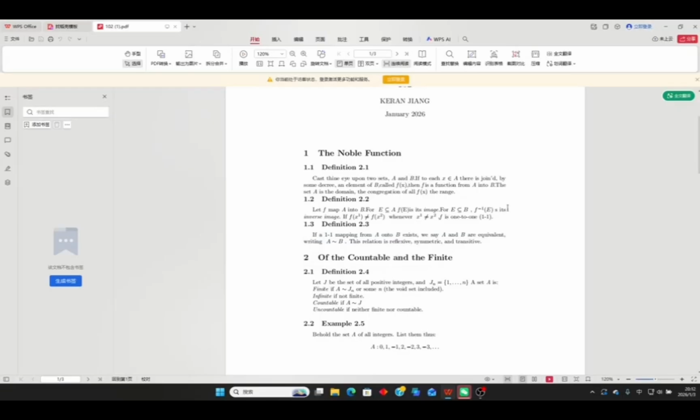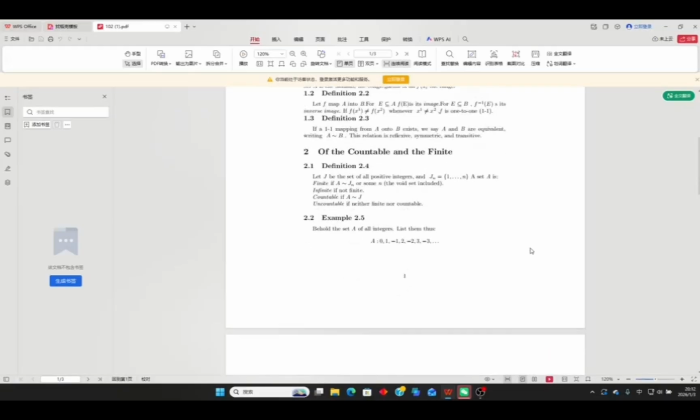Part 2 is about finite, countable, and uncountable sets. Let J be the set of all positive integers 1, 2, 3, and so on. We say a set is finite if it has a limited number of elements, like a set involving 1, 2, and 3. We say a set is countable if it is infinite but can be listed in a sequence, like J itself.